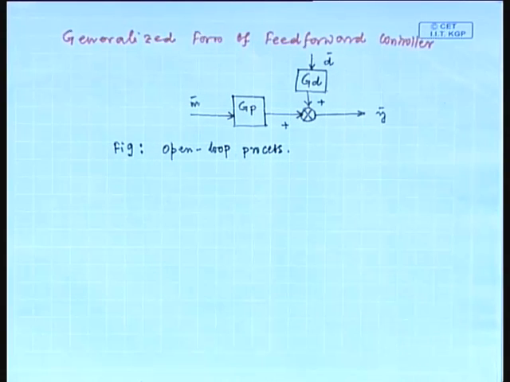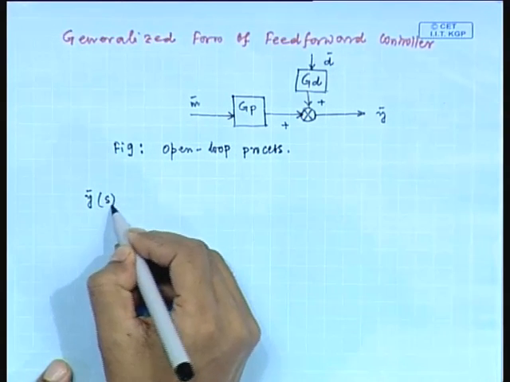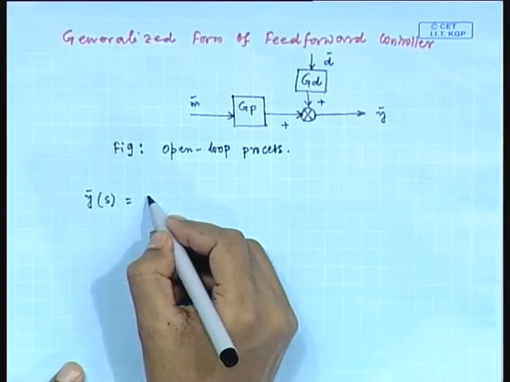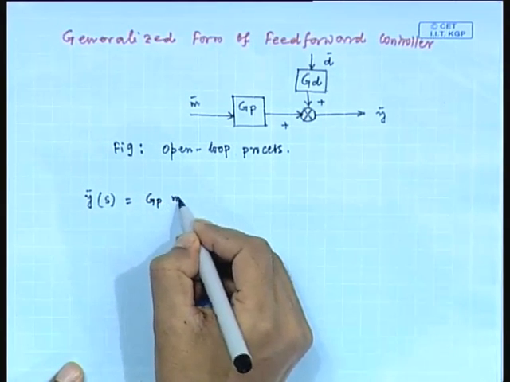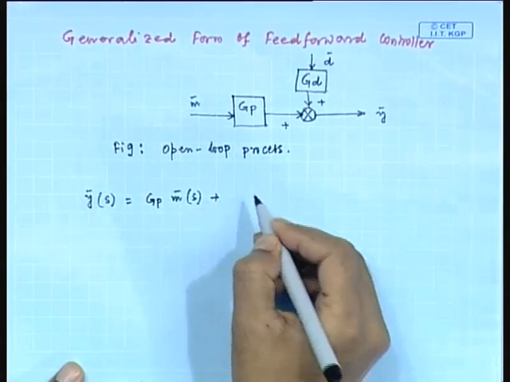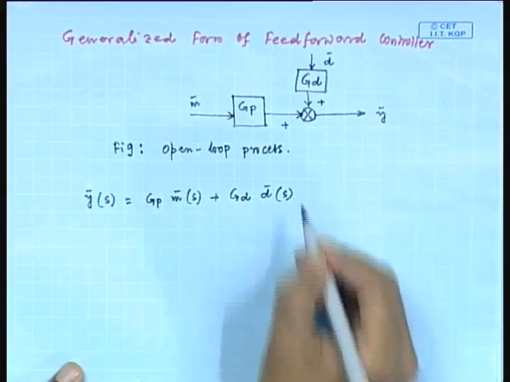Now, we can represent this process mathematically as output y bar s, which is equal to GP m bar s plus GD d bar s.